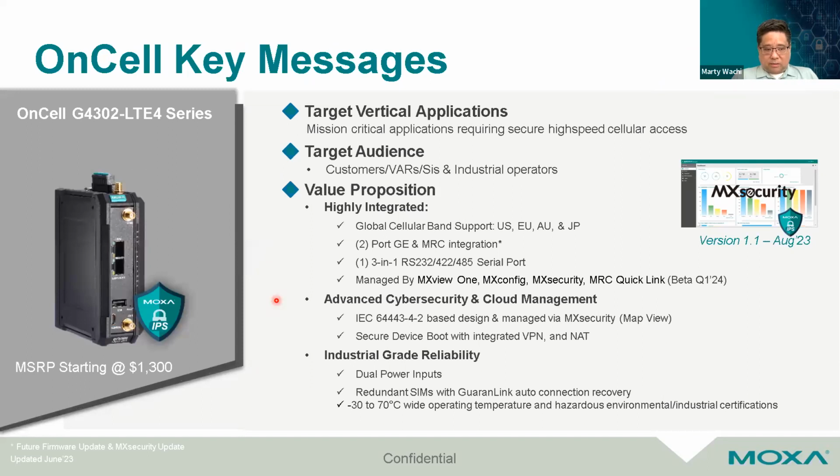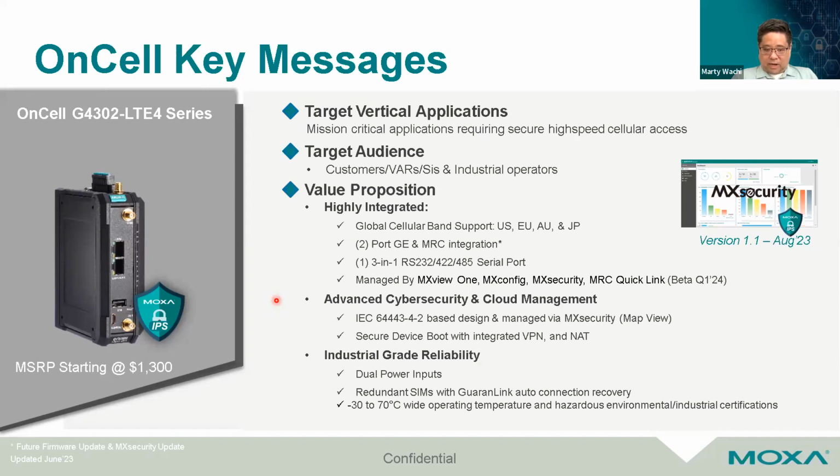Another product that's coming out at the end of this month, beginning of August, is the new OnCell G4302. This one basically takes the old OnCell platforms, and we've added support for things like MXV1. MX Security will be the new platform that will manage this instead of OnCell Manager, and give you a lot of those same mapping and reporting capabilities.